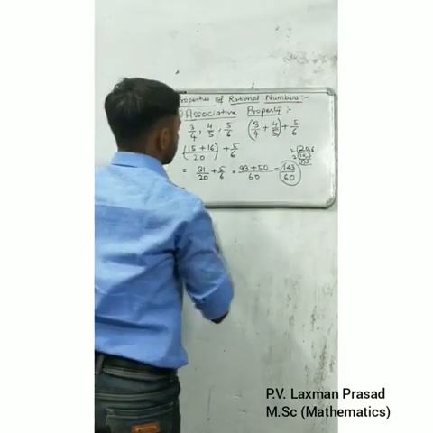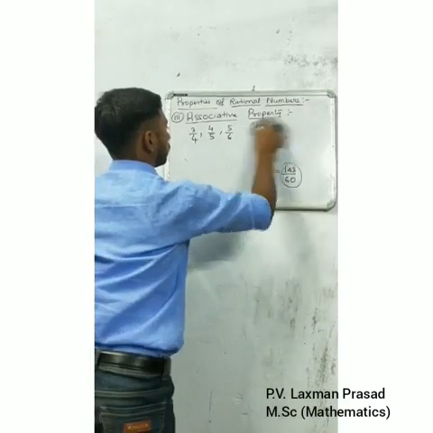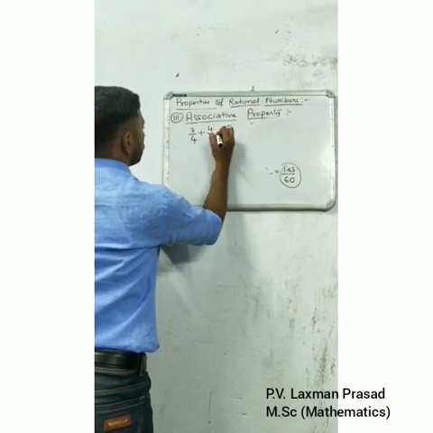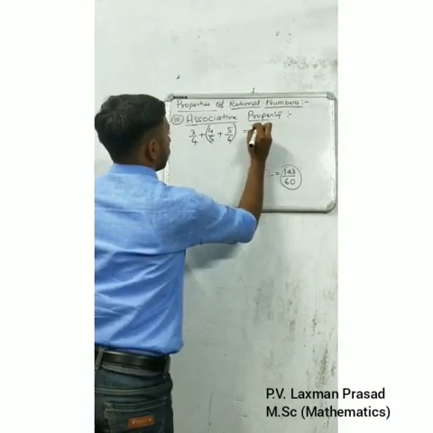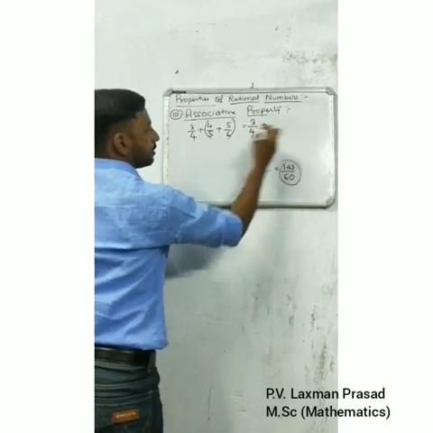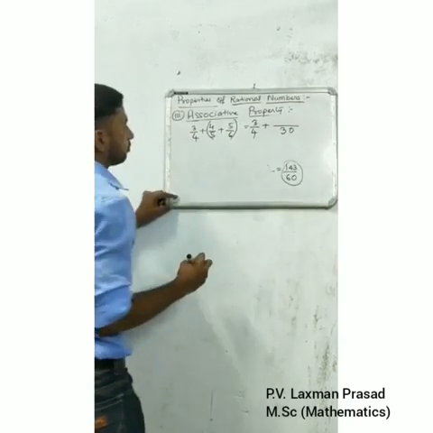In the next case, we'll add up everything and we'll place a bracket here. Let's see. It is 3 by 4 plus the LCM of 5 and 6 is 30.